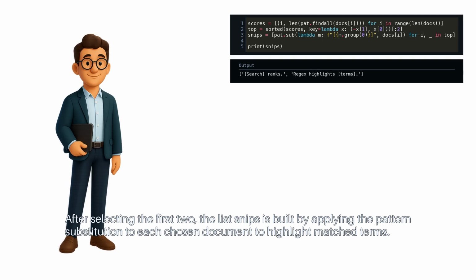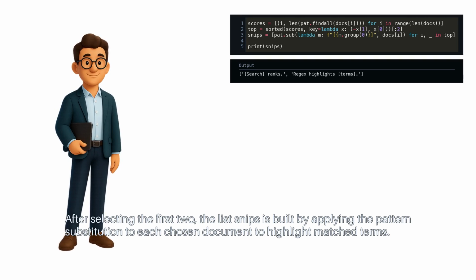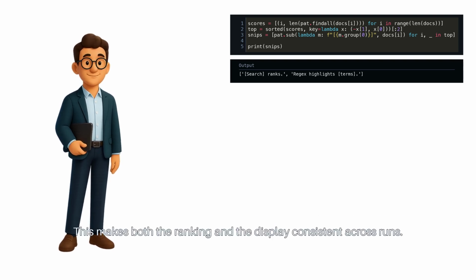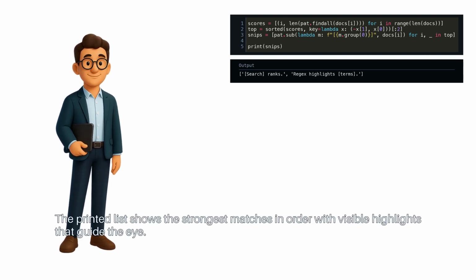After selecting the first 2, the list snips is built by applying the pattern substitution to each chosen document to highlight matched terms. This makes both the ranking and the display consistent across runs. The printed list shows the strongest matches in order, with visible highlights that guide the eye.